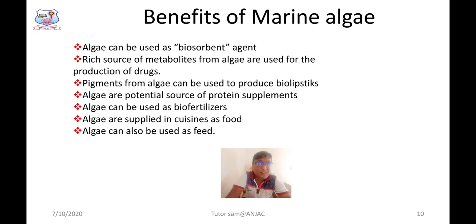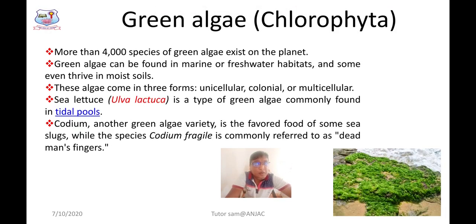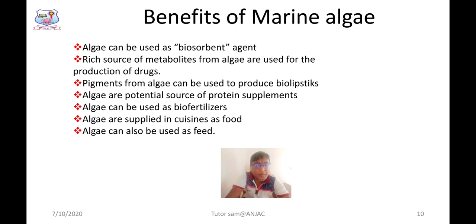So in the previous slides we discussed its nutritional profile, their mineral profile, everything. Apart from this, they are also used as biosorbing agents, which means they are used to remove heavy metals from the environment. They are a rich source of metabolites.